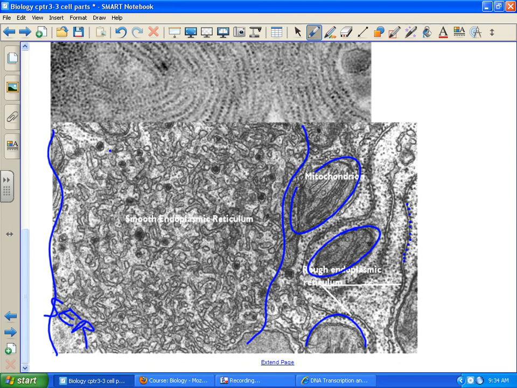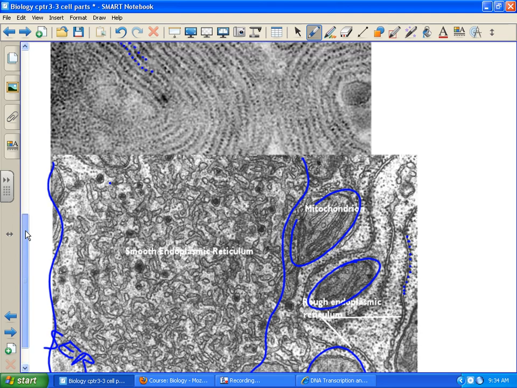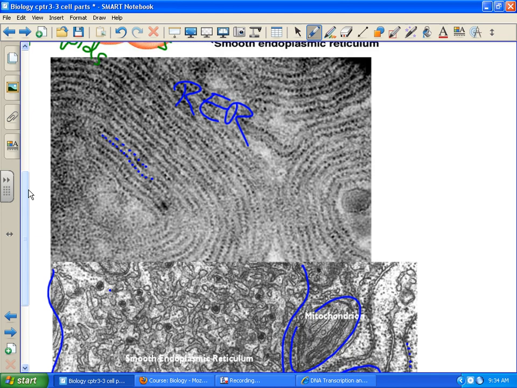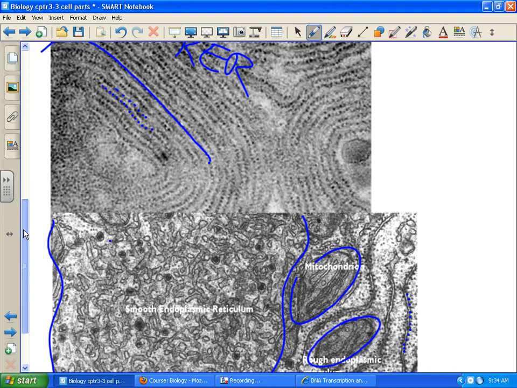In terms of transport, if you look at the rough ER, to me, that looks organized. Somebody yesterday said that kind of looks like a fingerprint. Yeah, I can see that. And if I'm a protein and I'm here and I need to get over here, boom, it's a straight shot. That's like an interstate.